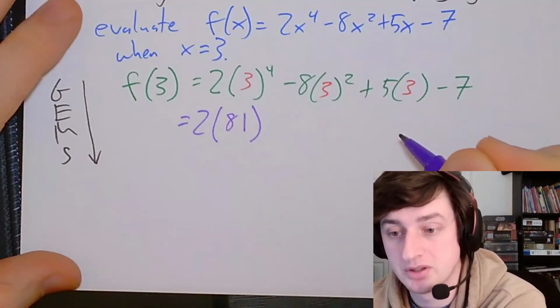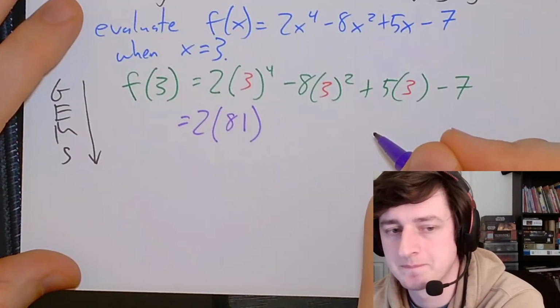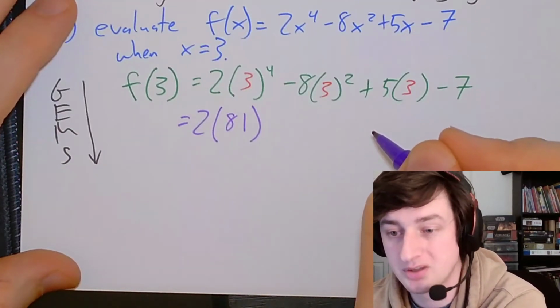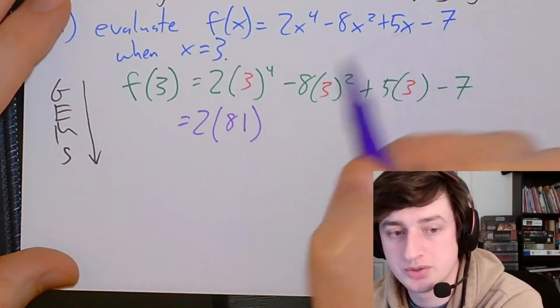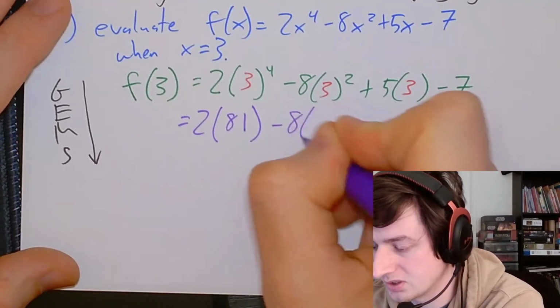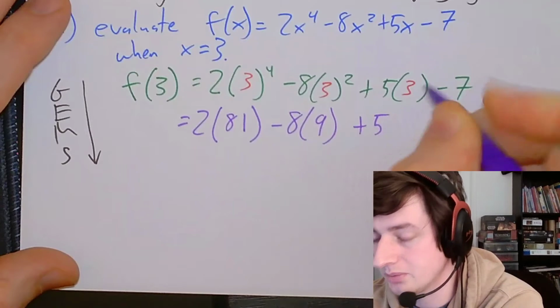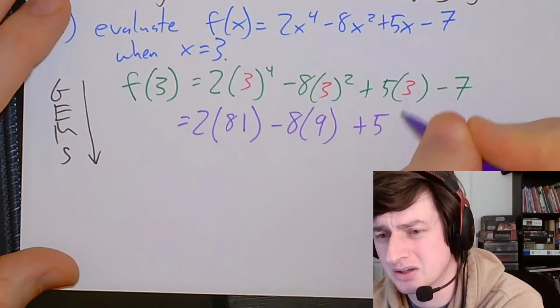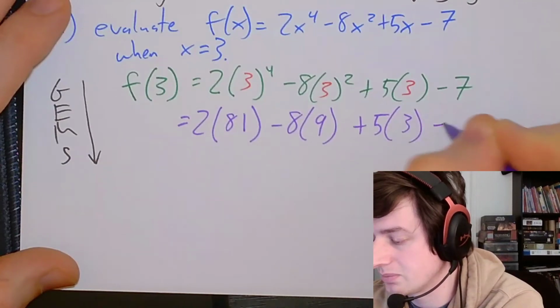You can use a calculator to do this. If you don't know 3 to the 4th off the top of your head, either multiply it out, write it down, or use a calculator, or do it in your head. Okay, then it's going to be 3 squared, which is 9, plus, normally I would just write 15 here, because it's 5 times 3, but I want to show all the steps happening at the same time.